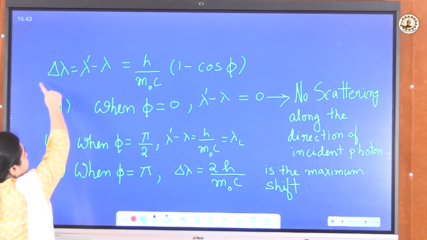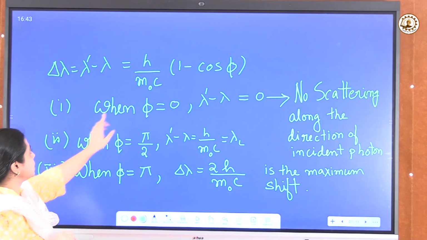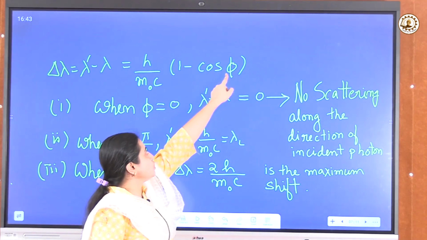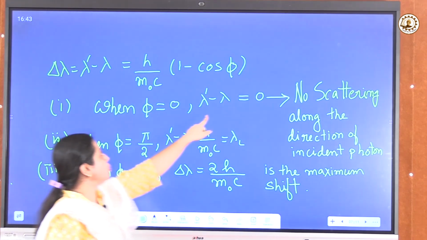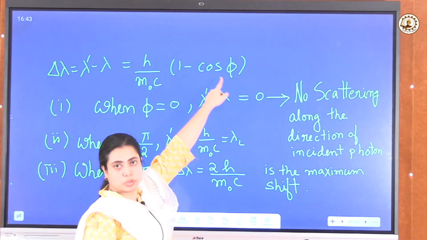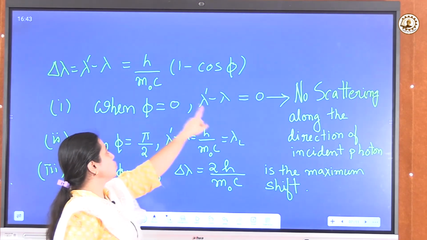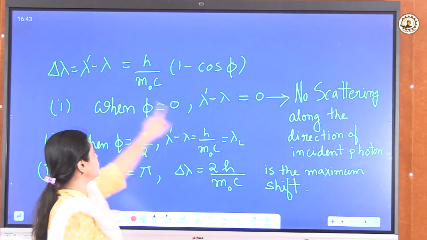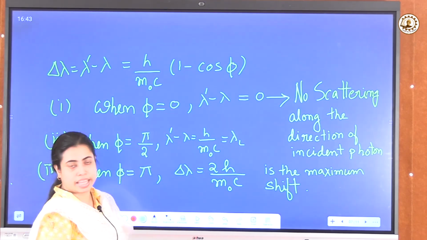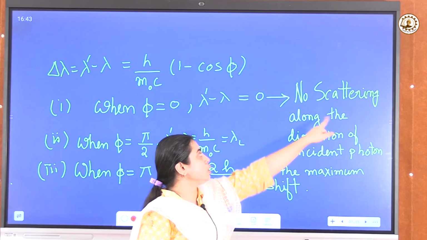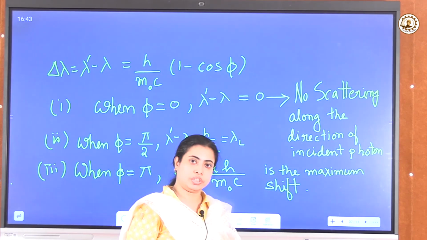You have seen the Compton shift is given by this formula. If phi is equal to 0, cos phi is 1, so 1 minus 1 is equal to 0. So the Compton shift will become 0 if the scattering angle of the photon is 0. It means no scattering along the direction of the incident photon.